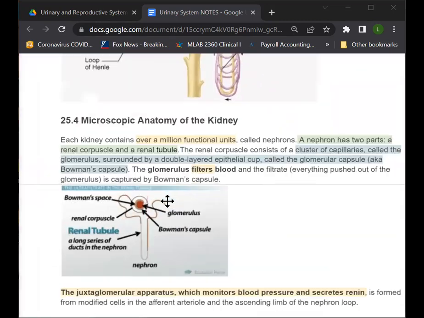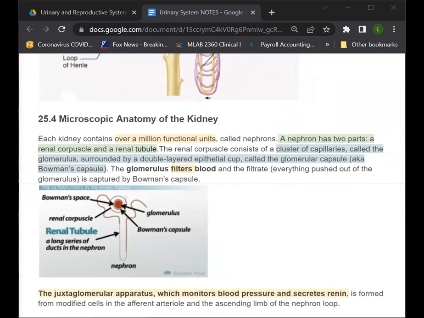Okay. Right now, let's actually start to really talk about the nephron. We need to know that the nephron has two parts to it: a renal corpuscle and a renal tubule. The renal corpuscle only contains two structures. Let me show you the renal corpuscle.